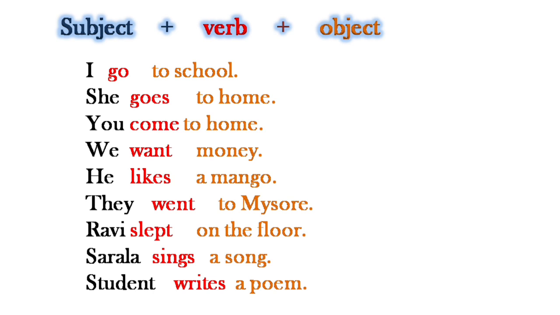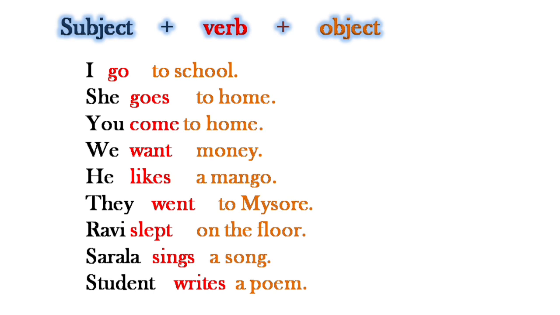Here subject, the nouns and pronouns and the things we can use. Verb means here is an action word we are using, and object. Not only these sentences, we can use many more sentences. Okay, he is going, he is coming, he is eating.